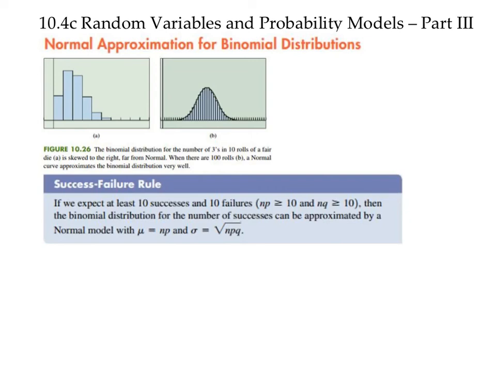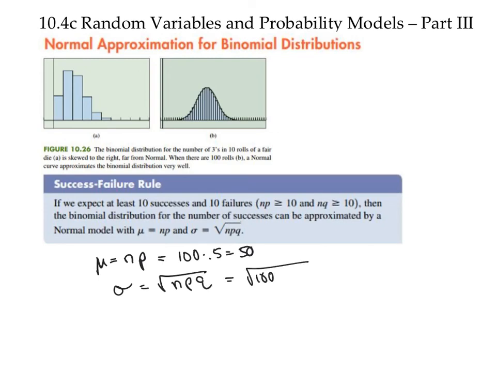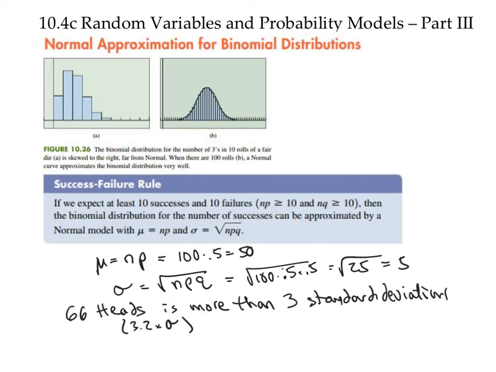This normal model has mean 50 and standard deviation 5. 66 heads is more than 3 standard deviations to the right of the mean.